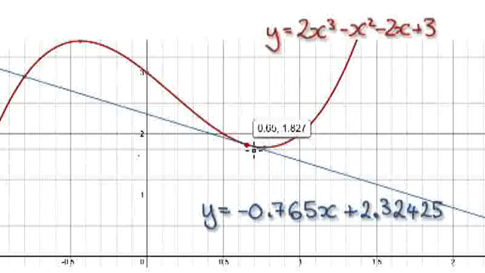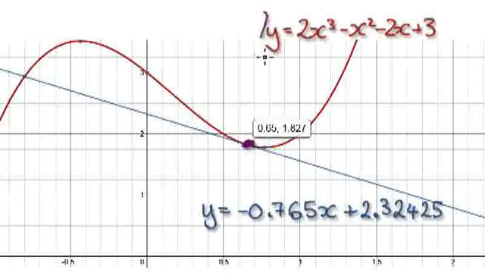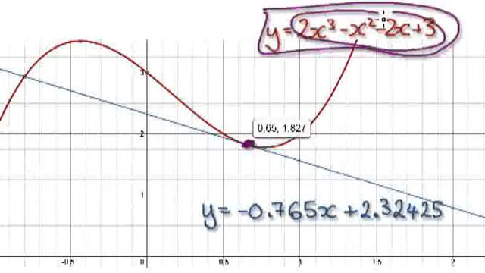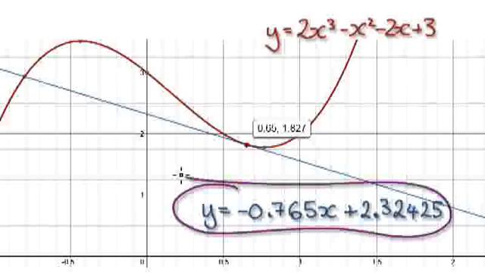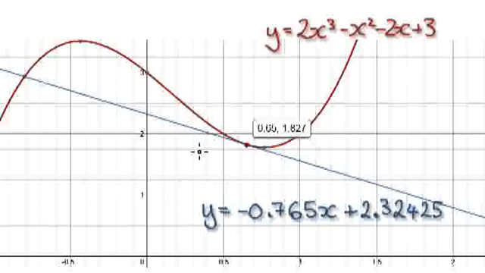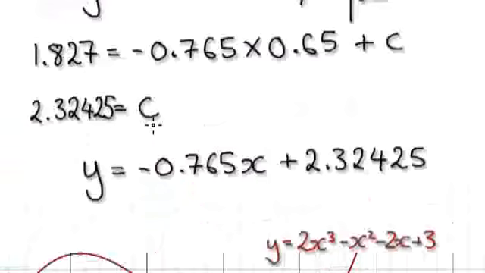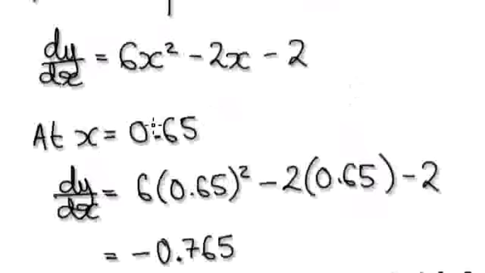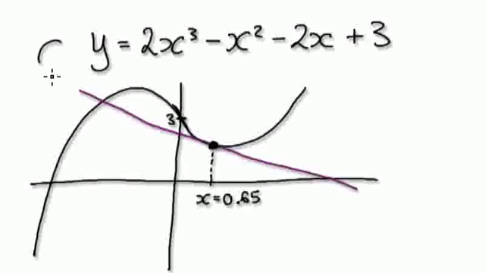Notice that this point here is 0.65, and you can see that the blue line is really the tangent of our y equals blah blah blah blah here. So the equation of the blue line is given by this. And by the way, we managed to find the gradient of this purple line.